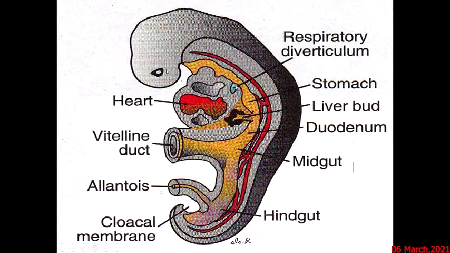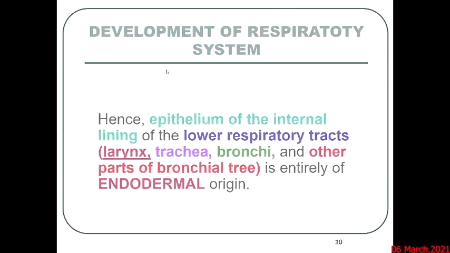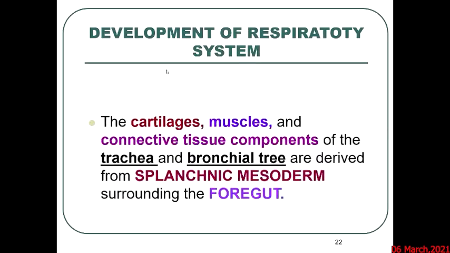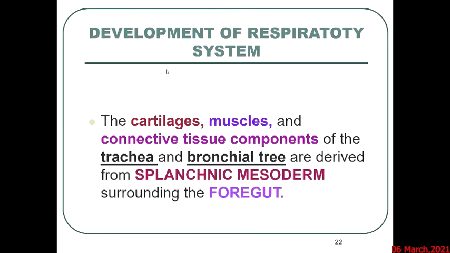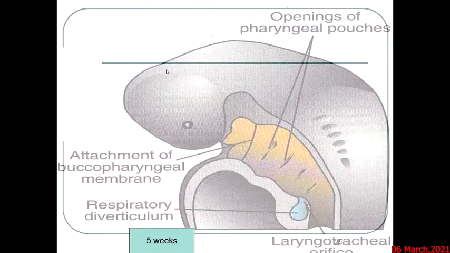We are talking about the larynx. The lining epithelium of the larynx is of endodermal origin, and the other layers of the larynx, connective tissue, cartilages, muscles, and connective tissue components of the okay, forget about this. I was not coming from this. Anyway, lung bud, this is not needed.